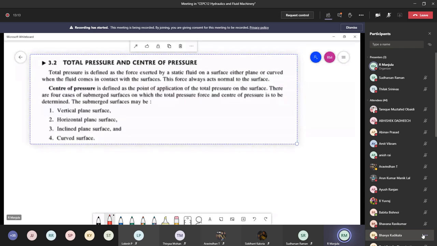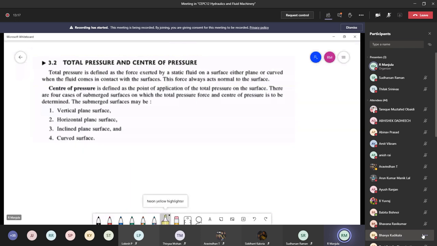Total pressure is defined as the force exerted by the static fluid on the surface, either plane or curved surface, when the fluid comes in contact with the surfaces. And this force is always acting normal to the surface.